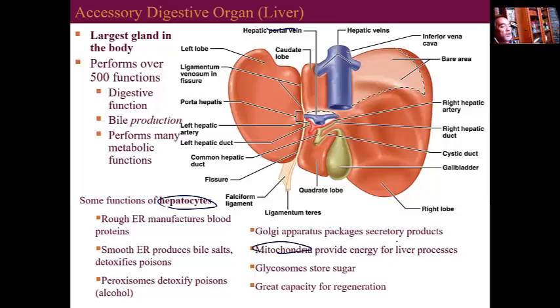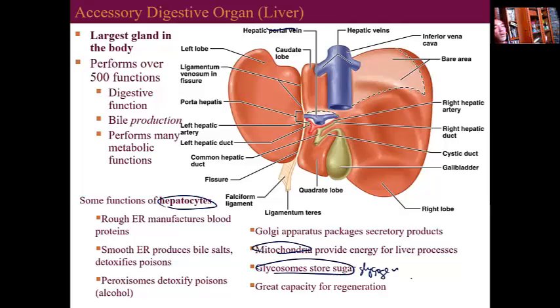The hepatocytes have a lot of mitochondria because there are a lot of liver processes, and sugar is also stored in your liver. If you eat too much carbohydrate, it is absorbed, and the liver, together with the muscle, stores that sugar in the form of glycogen.